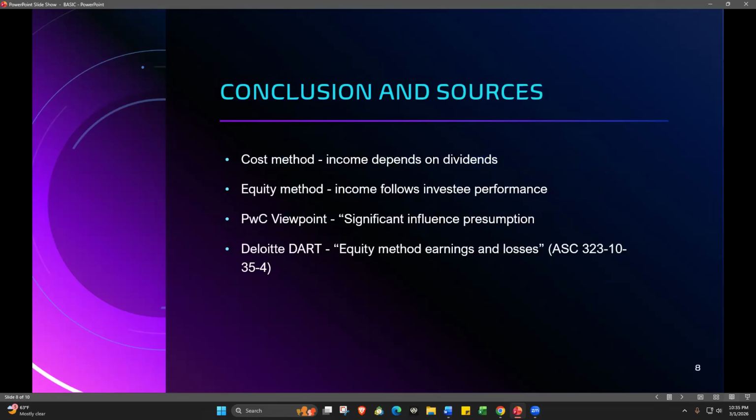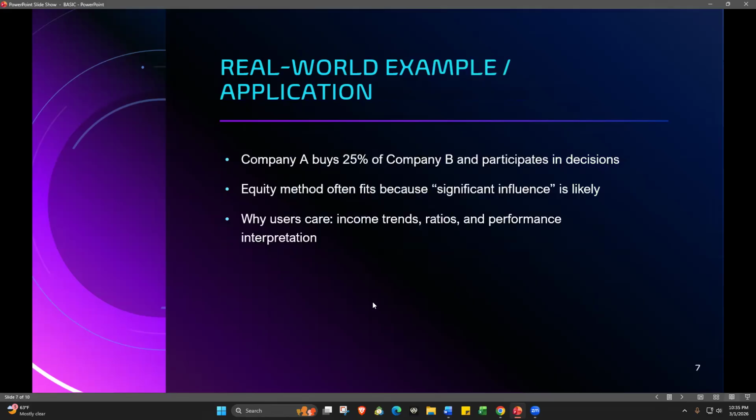For example, imagine a company that buys 25% of company B and then participates in major decisions like budgeting or strategy.